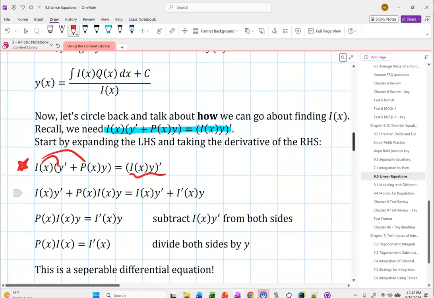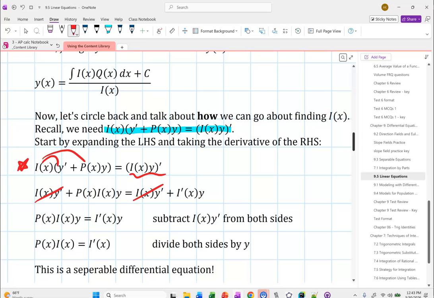So that's going to give me I of x times y prime plus p of x times I of x times y, and then we have I of x times the derivative of y plus the derivative of I of x times y. If we look, I of x times y prime is on both sides, so I can subtract that off.